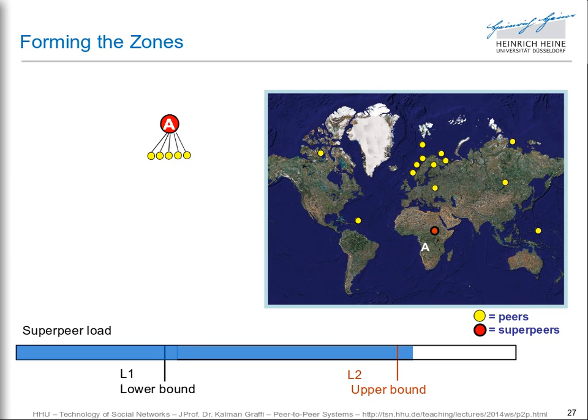If the upper bound is reached, we have to split a zone to reduce the load, because it's important that the super peer's load should not exceed the L2. So the load difference between L2 and L1 is released every time the super peer reaches the L2 threshold.